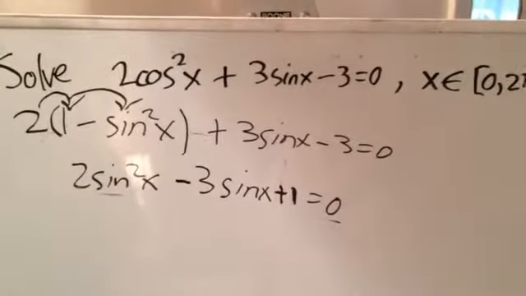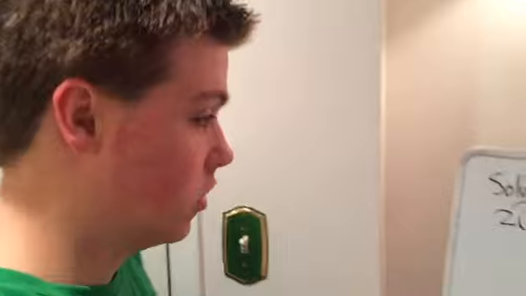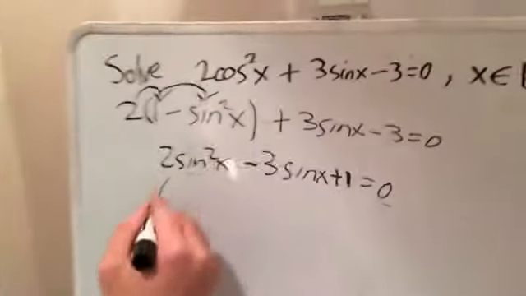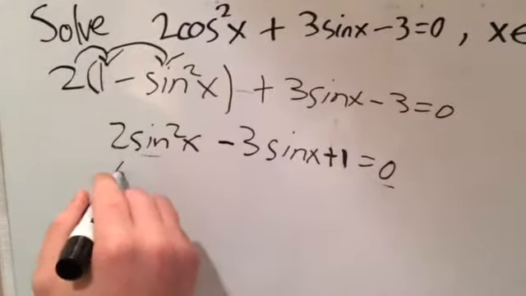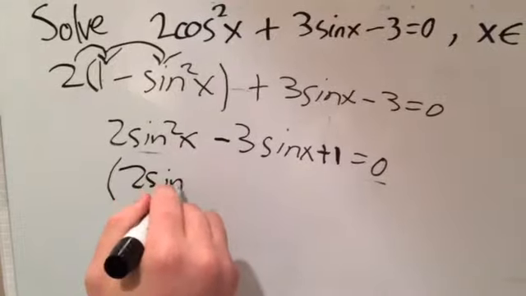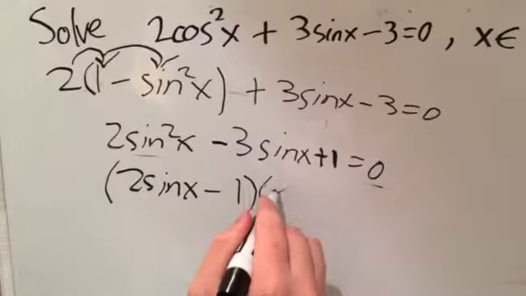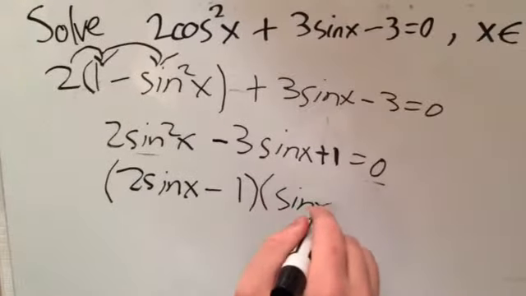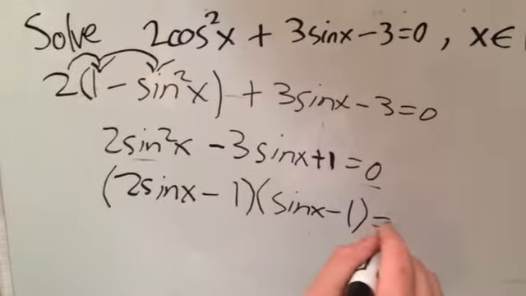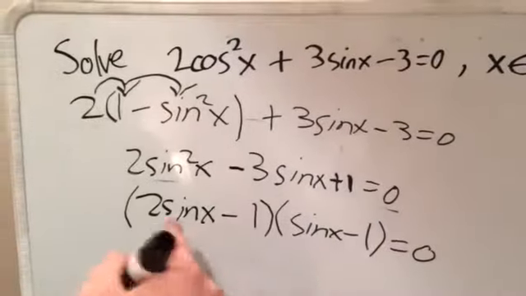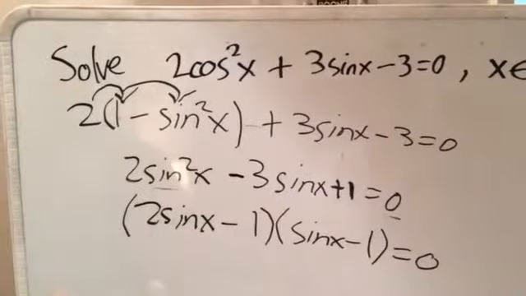And since it's a quadratic, we need to factor it out. So our factors are 2 sine x minus 1 times sine x minus 1 equals 0. If you were to multiply these two together, you just go back to where you started.